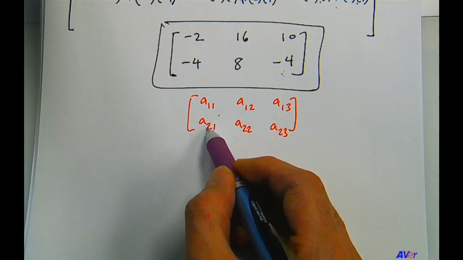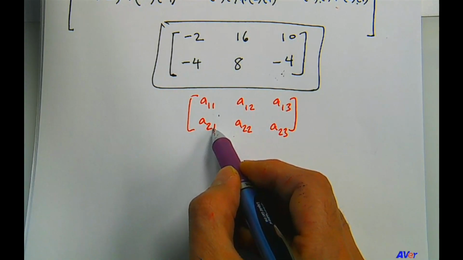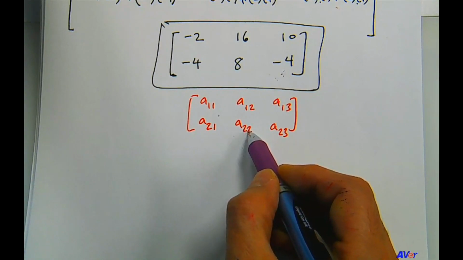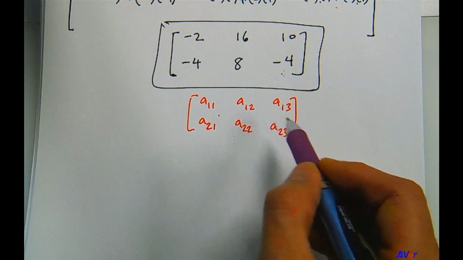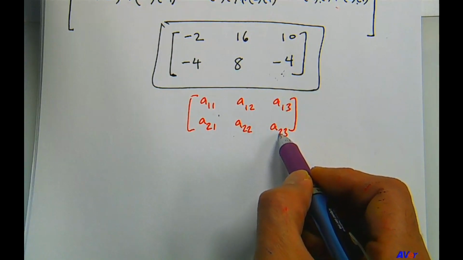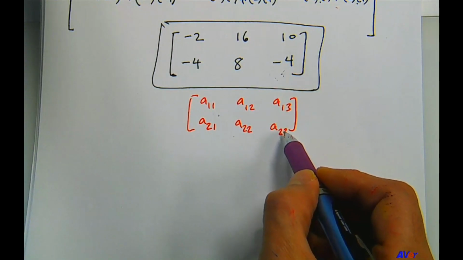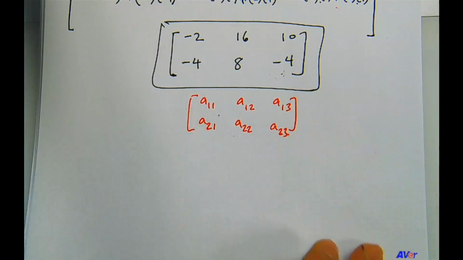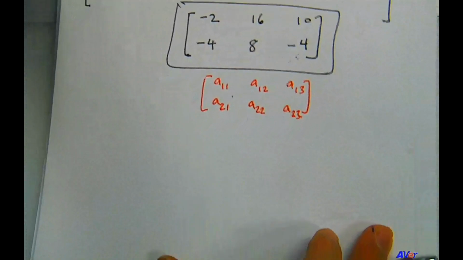Multiply the second row in the first matrix by the first column in the second matrix. 2, 2 would be interpreted as multiply the second row in the first matrix by the second column in the second matrix. Multiply the second row in the first matrix by the third column in the second matrix. Okay, so that's an interpretation of that.